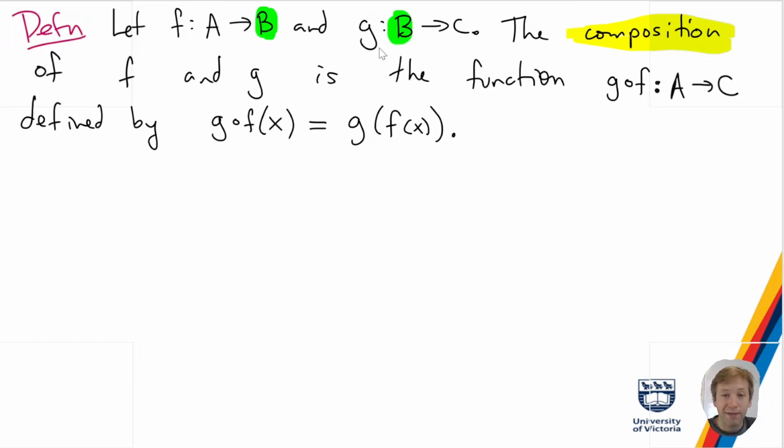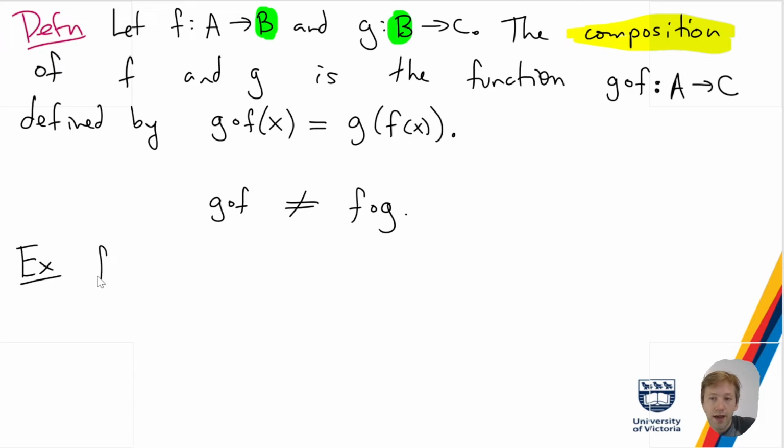So you have to have these things matching up, or otherwise you shouldn't write the composition of f and g. In particular, the order matters, right? The composition of f and g is not the same thing as the composition of g and f. In particular, these might not even both be defined.